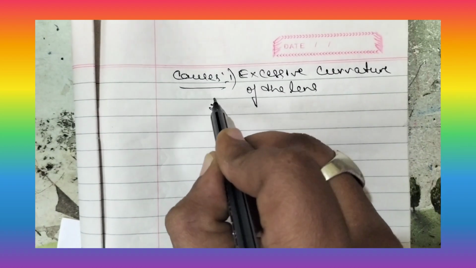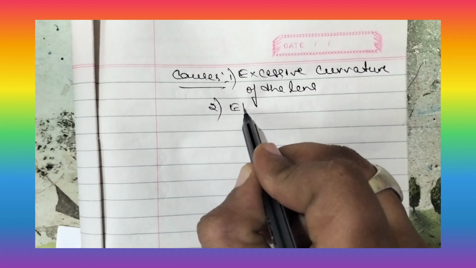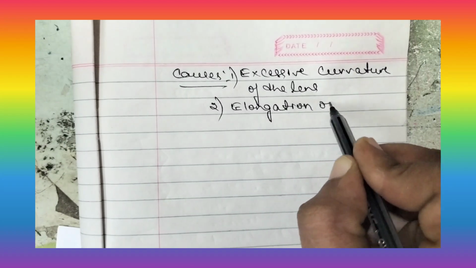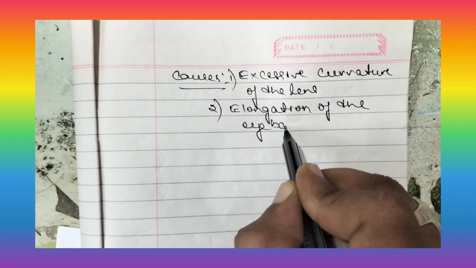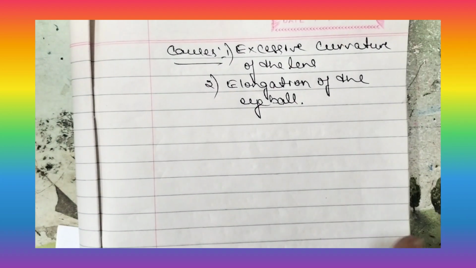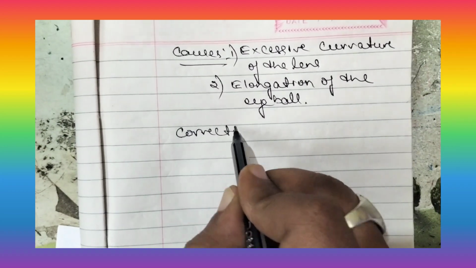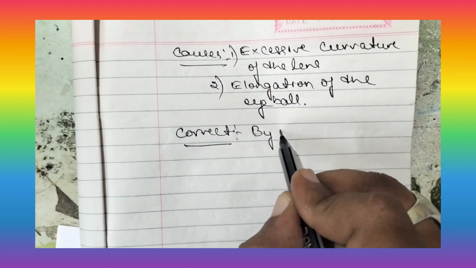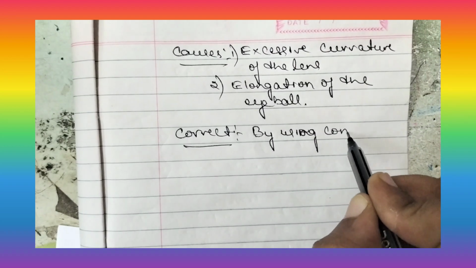The second reason for myopia is elongation of the eyeball. This is the cause for myopia. Then how to correct it? So myopia can be corrected by using concave lens.